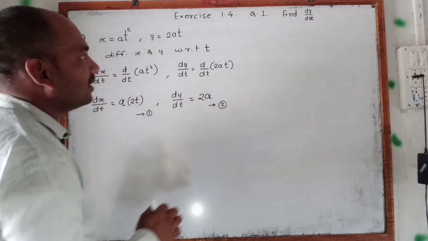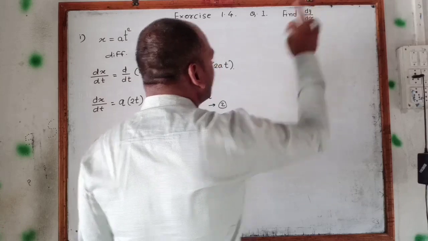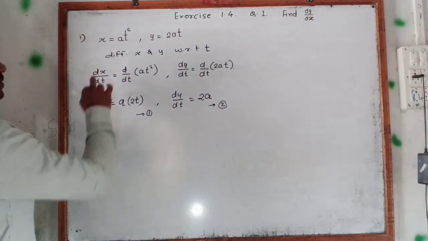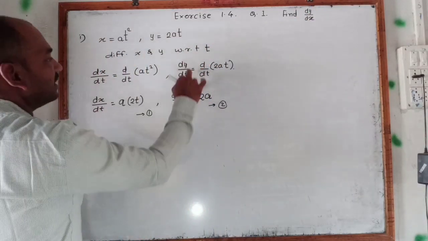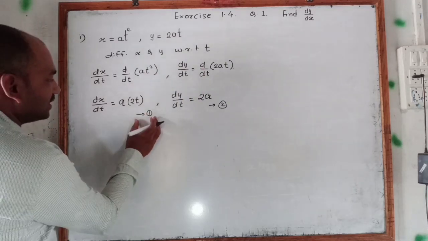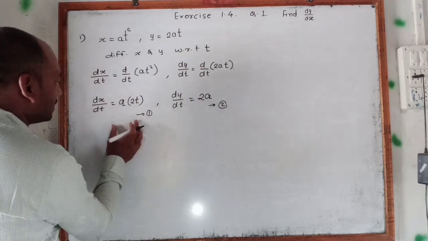Now look here, we have to find dy upon dx, and we have dx upon dt and dy upon dt. So we divide equation 2 by equation 1.